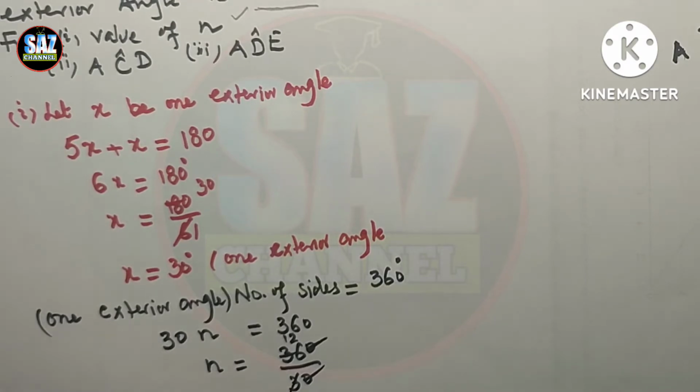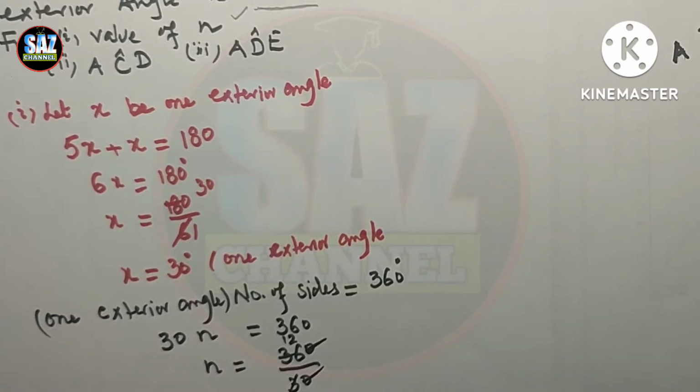So this is a polygon with 12 sides. I hope the idea is clear why we calculated the size of one exterior angle, because that helps us in calculating the number of sides.